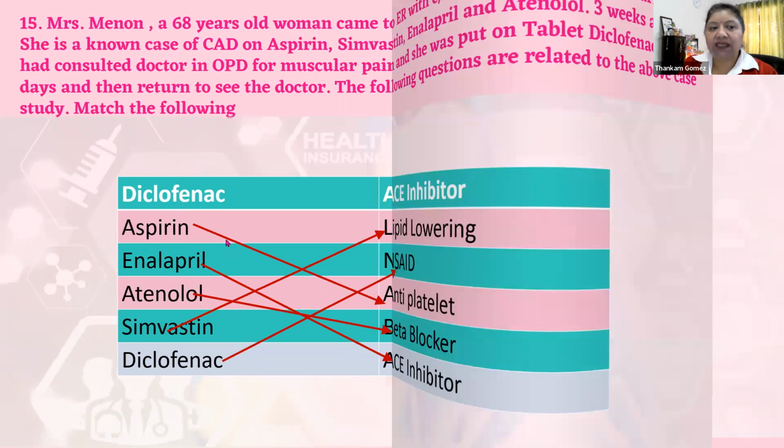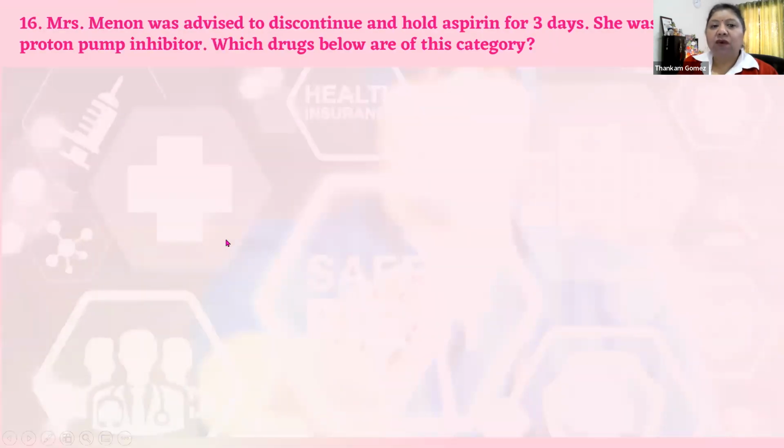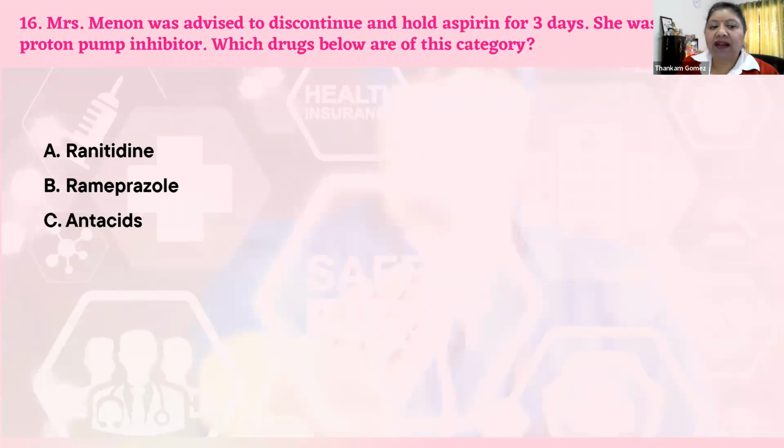Okay, so now let's see. Mrs. Menon was advised to discontinue and hold aspirin for 3 days. She was started on a proton pump inhibitor. Which drugs below are of this category? Ranitidine, rabeprazole, antacid, pantoprazole.